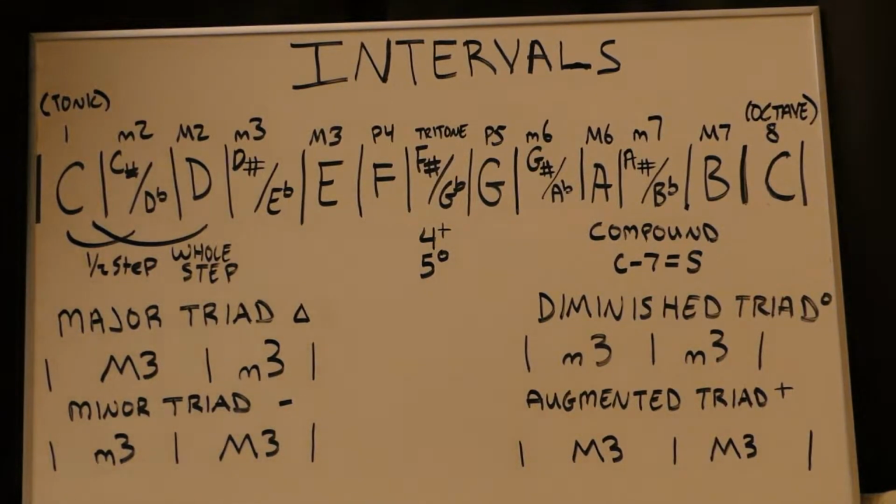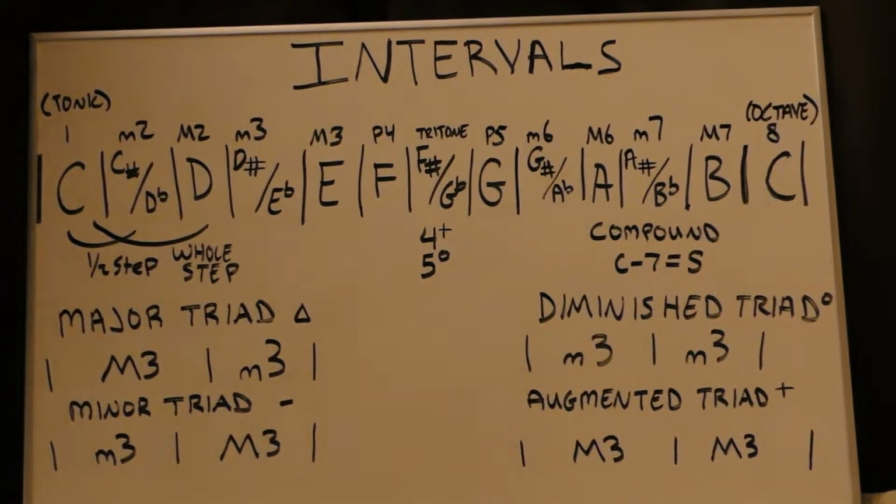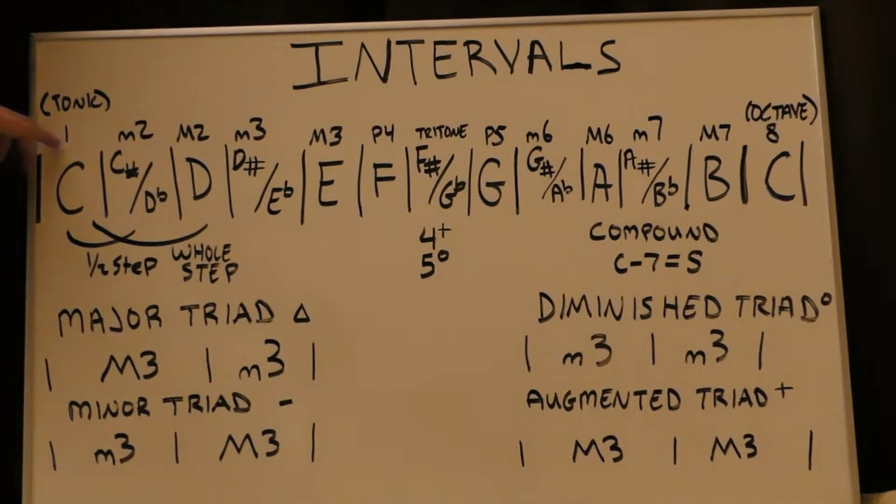So when we talk about intervals, our tonic note we denote as the 1. The first available pitch in the chromatic series from 1 going up in pitch would be a C sharp or a D flat.